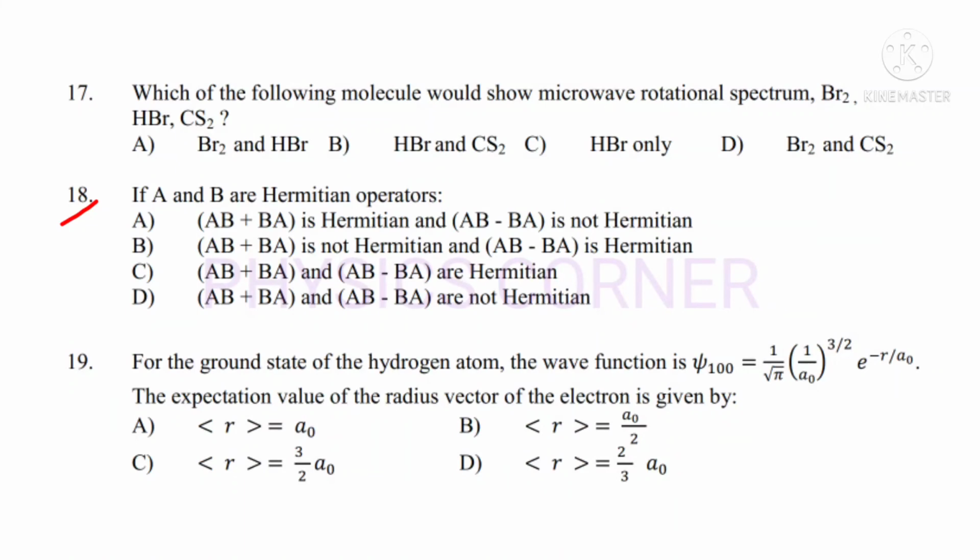And the 19th question is also solved in quantum mechanics based videos. It's given the ground state wave function of the hydrogen atom, and we have to find the expectation value of the radius vector of the electron in that state. I'm not going to solve it again, you can check my previous videos.